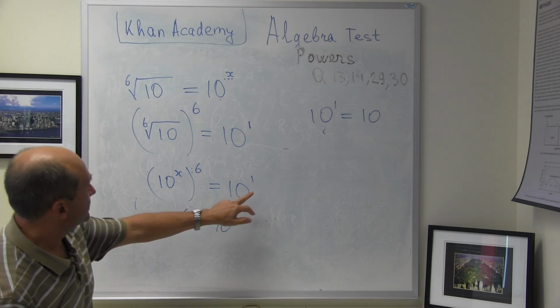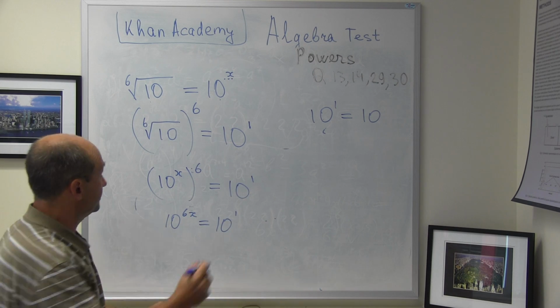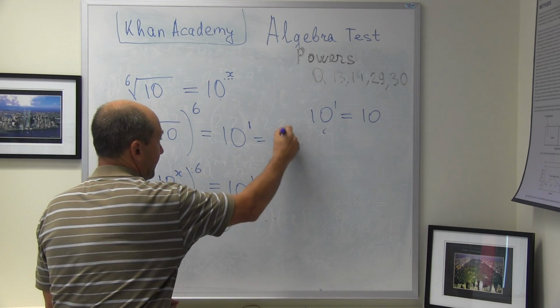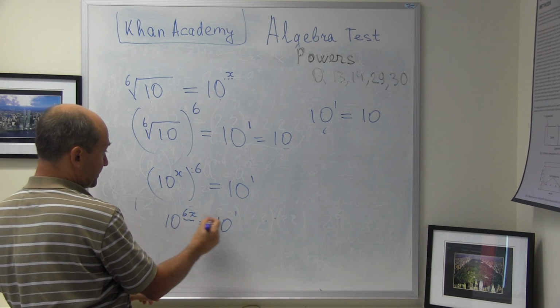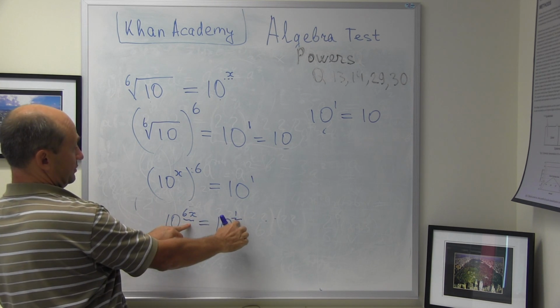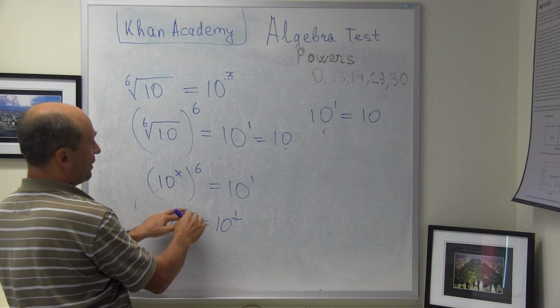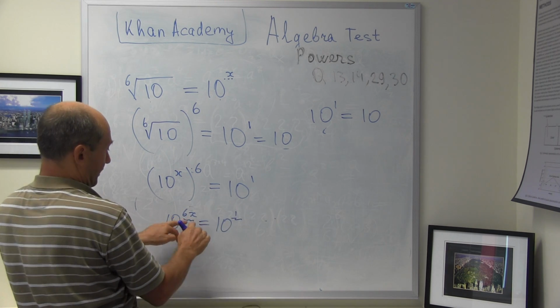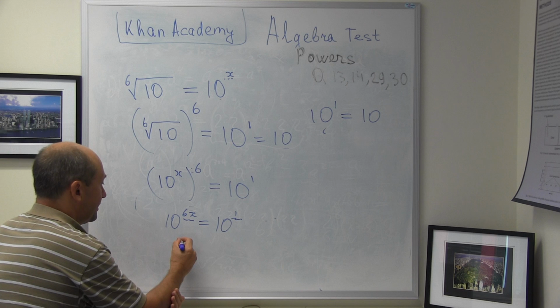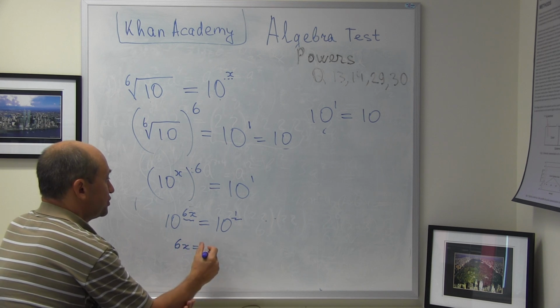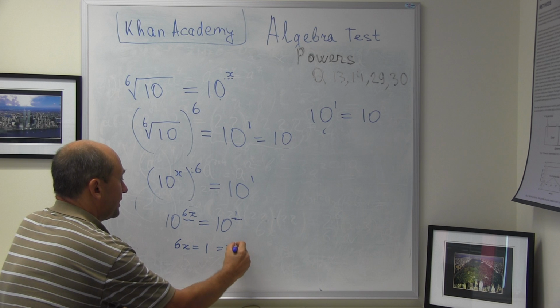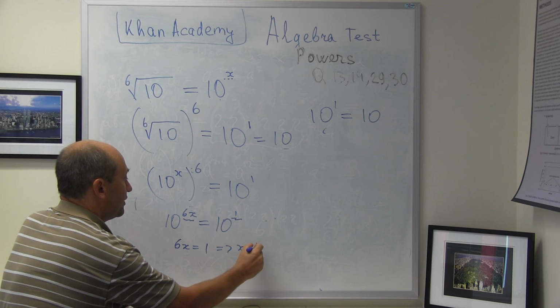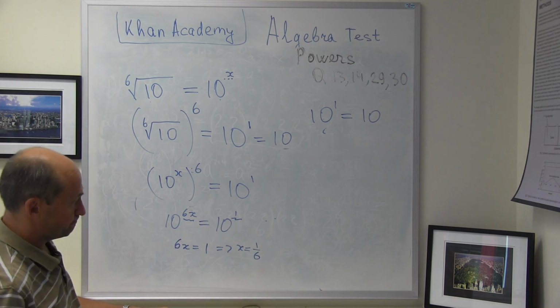Again, 10 to the power of 1 is simply equal to 10. Now for these to be equal, these two powers must be equal. 10 to some power is equal to 10 to the power 1. That means that this power, 6x, should be equal to 1, and therefore we get x is equal to 1/6.